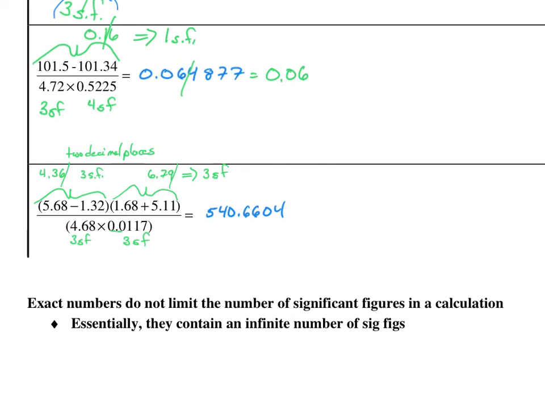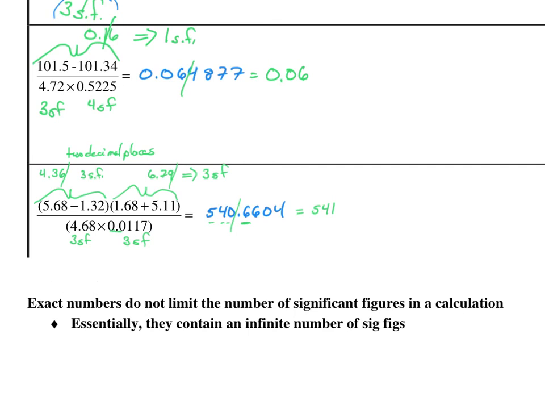Therefore, our final answer is limited to 3 sig figs. So we have 1, 2, 3. We see the first number to be dropped is greater than 5, so we add 1 to the preceding column, and our correct final answer is 541.